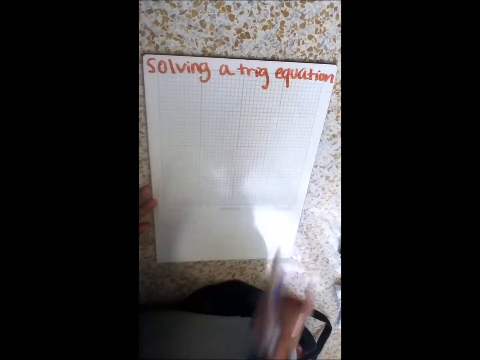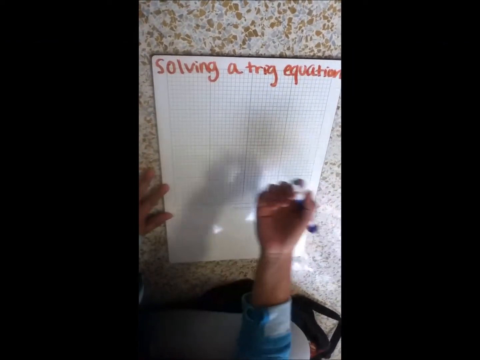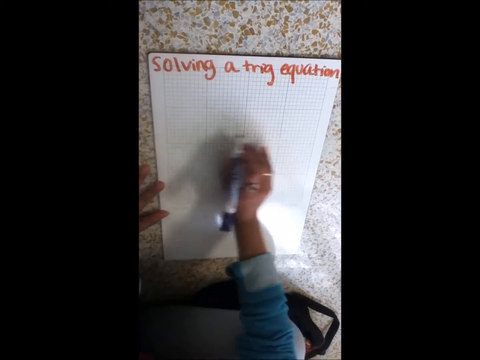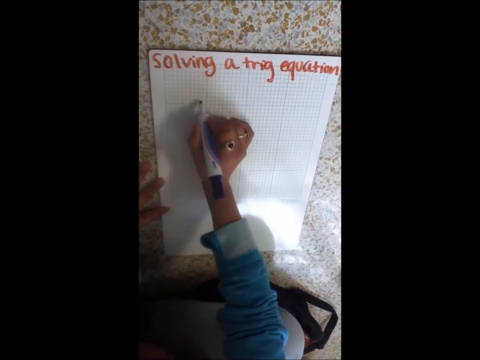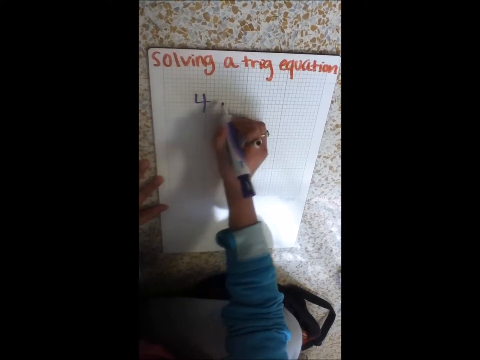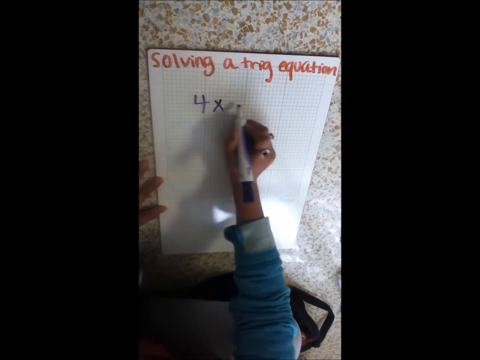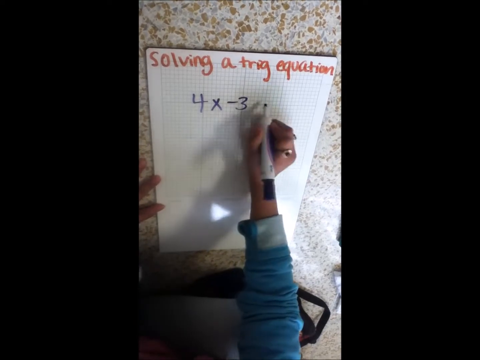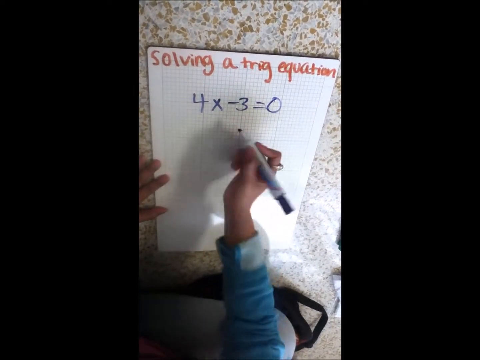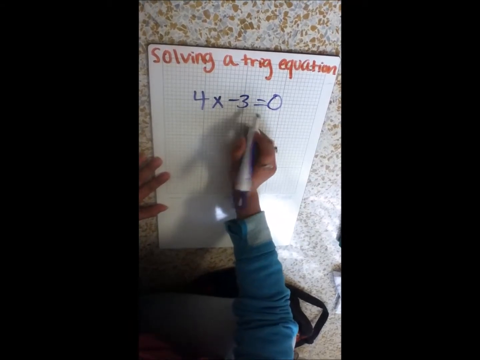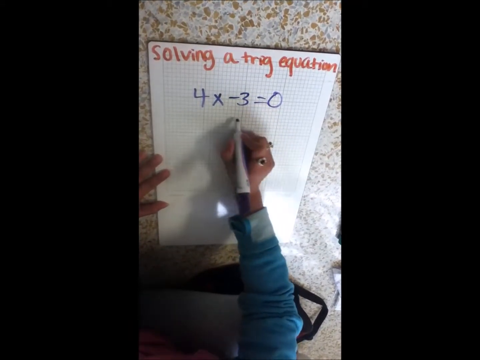To solve a trig equation, first let's back up a little. We're gonna have to remember algebra a little bit. Whenever you were in algebra, you would get an equation similar to this: 4x minus 3 equals 0. To solve for x, first you were supposed to move the 3 to the other side, so that would make it positive.